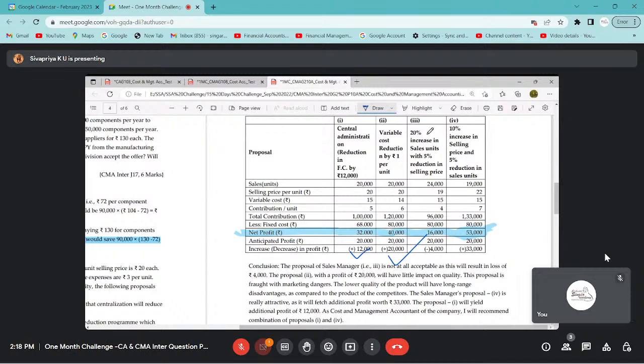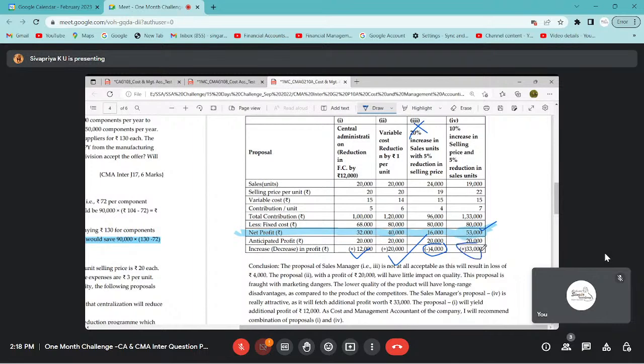Third case, 20% increase in sales with a 5% reduction in the selling price per unit. So your profit will be 16,000, but the expected profit is 20,000. So there will be a loss in this proposal. And the next is a 10% increase in selling price with a 5% reduction in sales units. Here it will be 53,000, but your anticipated profit is 20,000.